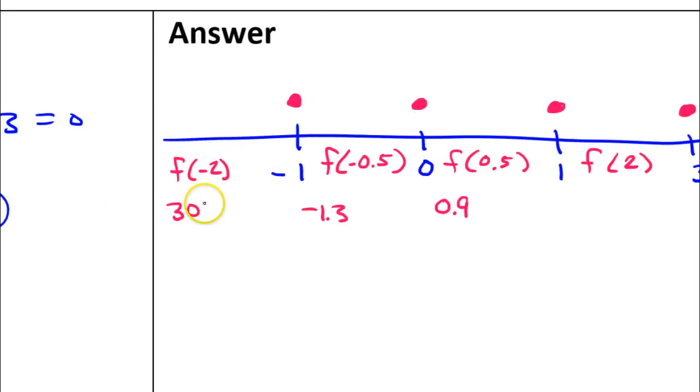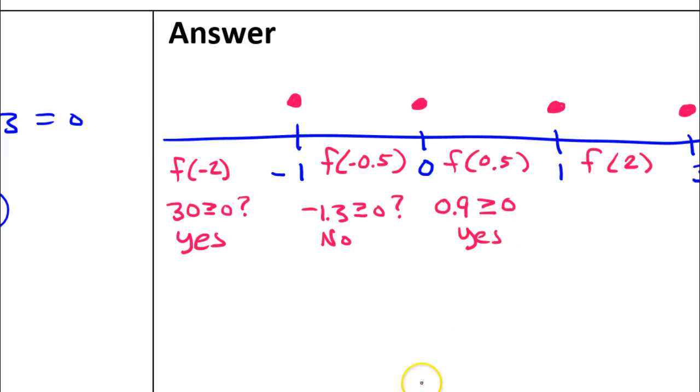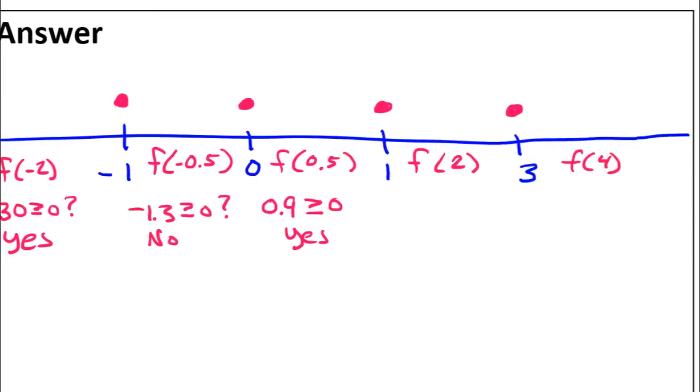So is 30 greater than or equal to 0? Well, yes, it is. Is -1.3 greater than or equal to 0? Nope, that's a negative number. Is 0.9 greater than or equal to 0? Yes, it is. All positive numbers are greater than 0. Okay, so far so good.